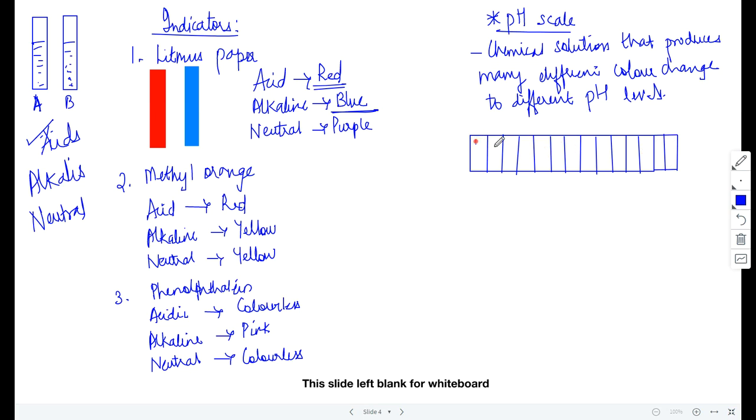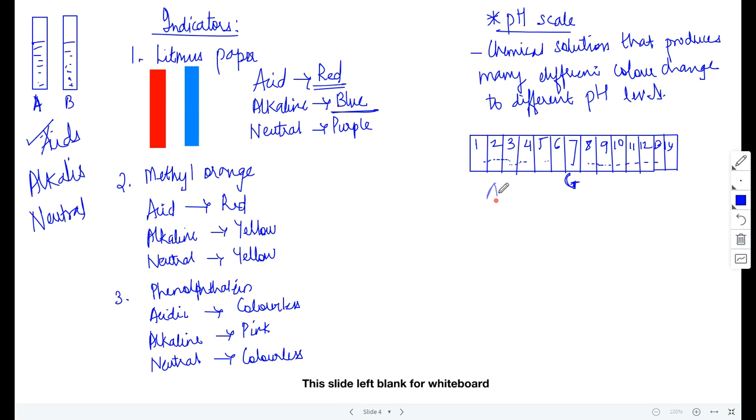As it reaches 4, it will turn into orange, some yellowish, light green, and here it will be bright green. Then it will start decreasing the colors from light blue to darker shades of blue.